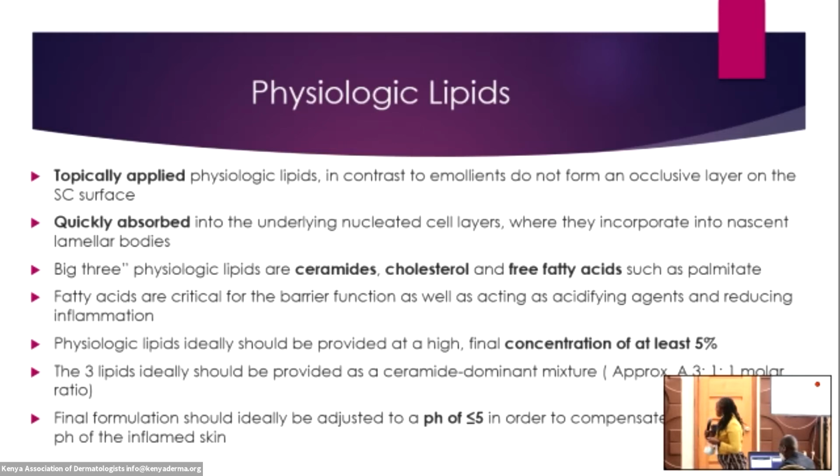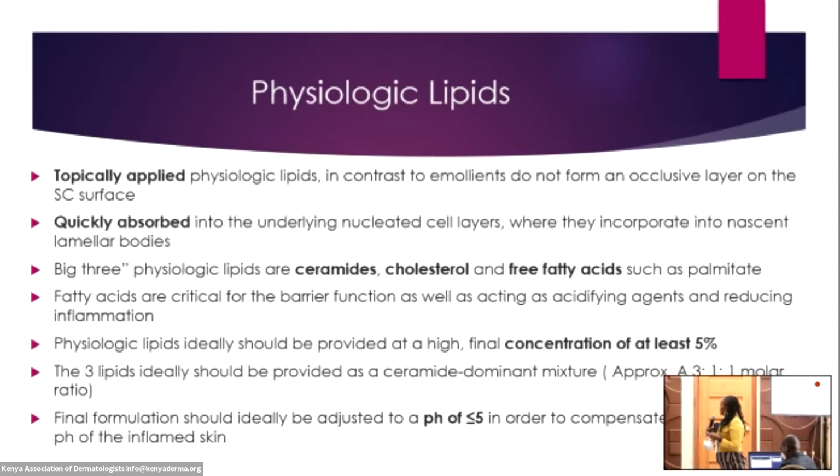So fatty acids are critical to the barrier function as well as acting as acidifying agents and reducing inflammation. So we said atopic dermatitis skin usually has a slightly higher pH. So the fatty acids help with correction of the pH. Ideally, if you have a product that has physiologic lipids, they should have a concentration of at least 5% in the formula for it to be considered effective.